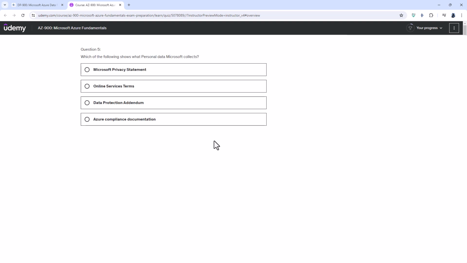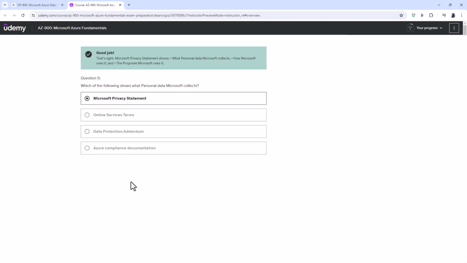And question 5. Which of the following shows what personal data Microsoft collects? Is it the Microsoft Privacy Statement, Online Services Terms, Data Protection Addendum, or Azure Compliance Documentation? And the correct answer is the Microsoft Privacy Statement.